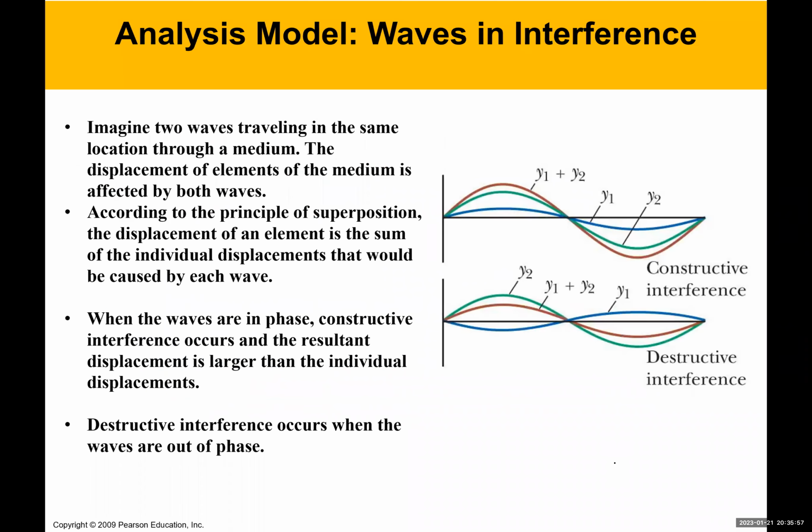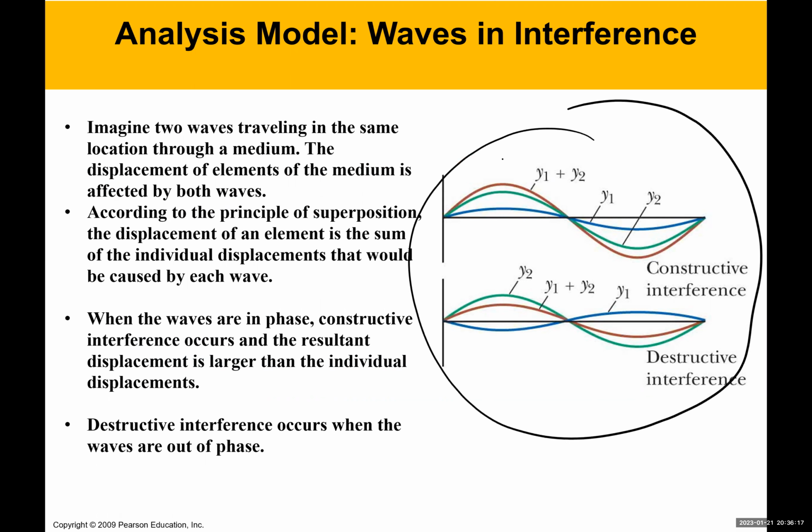All right, so to finalize this analysis model, you have two waves, and you can always look at it in terms of adding two waves together. Let's say in the diagram here, the green and blue waves are your two original waves, y1 and y2.